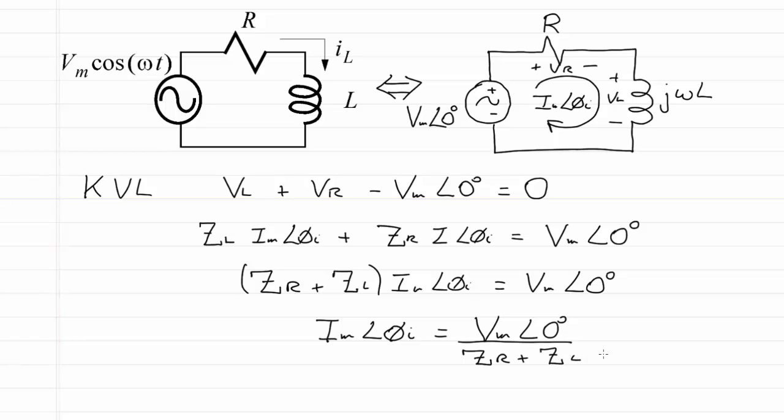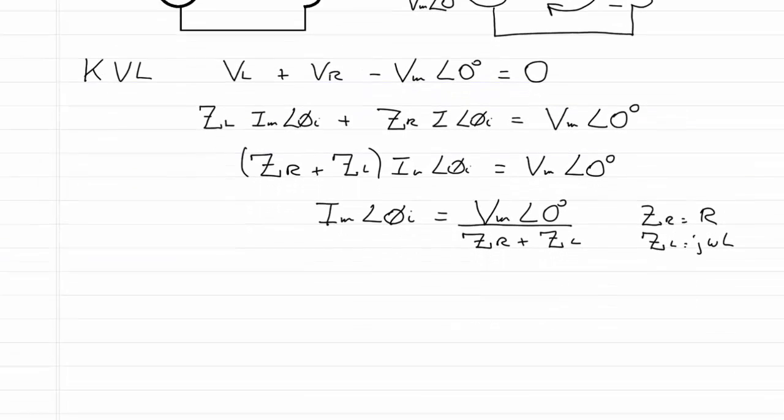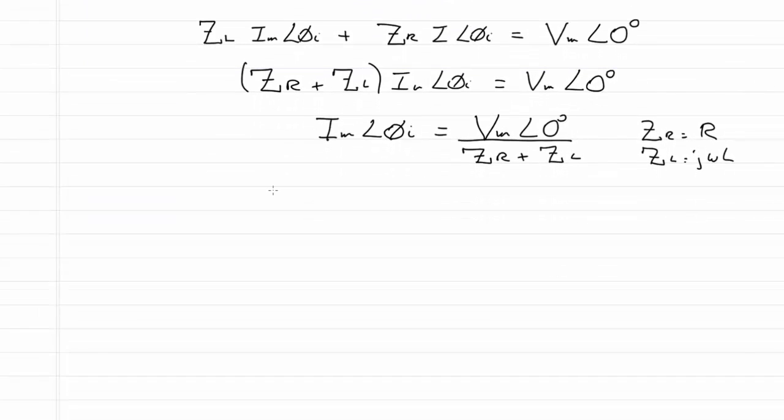At this point, we can replace them: ZR will be equal to R, and we know that ZL is j omega L. We can now make these substitutions and continue with the analysis. Now we can see that our current Im will be equal to Vm at angle 0 divided by R plus j omega L.